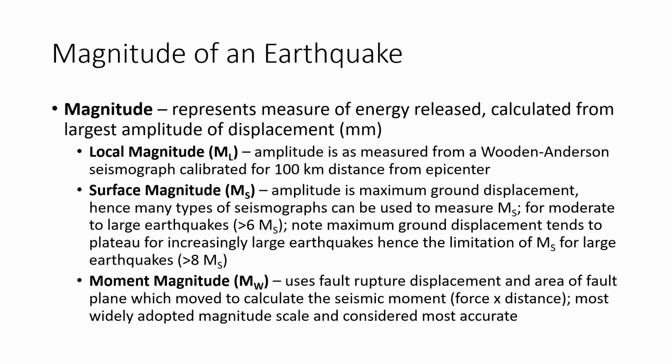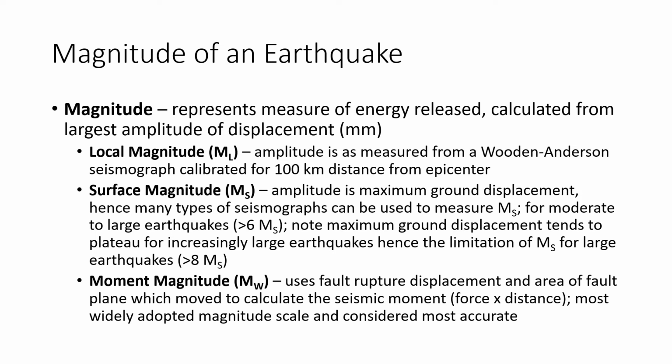Now, what's the difference between these three different scales? For the local magnitude, we calculate the energy from the amplitude of displacement as measured by a Wood-Anderson seismograph. This seismograph is typically calibrated for a 100-kilometer distance from the epicenter of an earthquake.